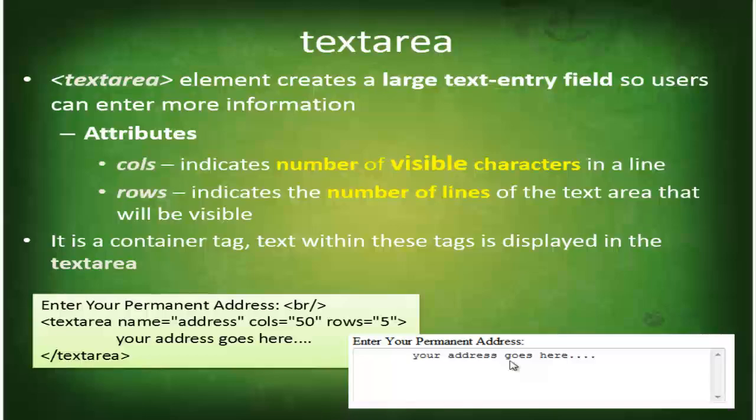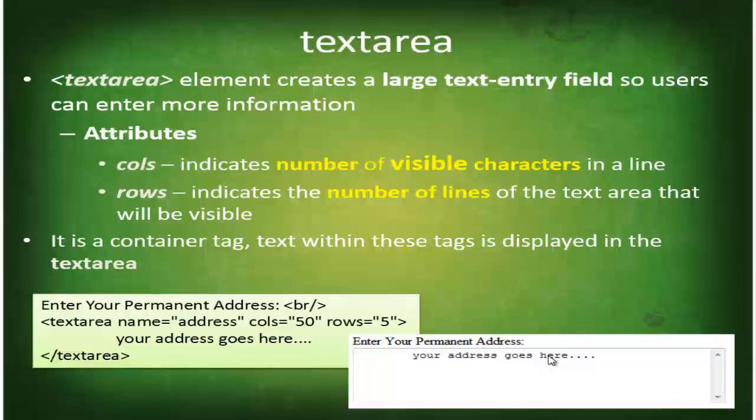So in this case, your address goes here is typed, and that's going to come in the middle. Remember, it is not a placeholder, or a watermark text. So if you click on this one, it will not disappear. The user has to manually delete it.